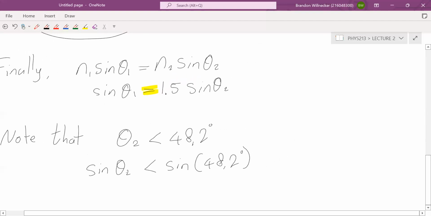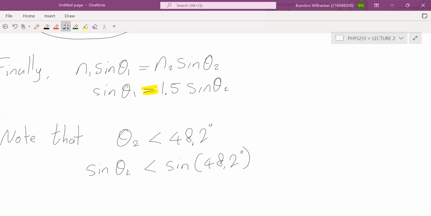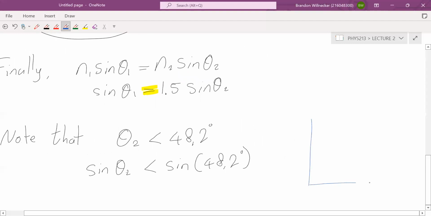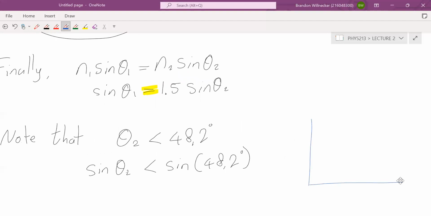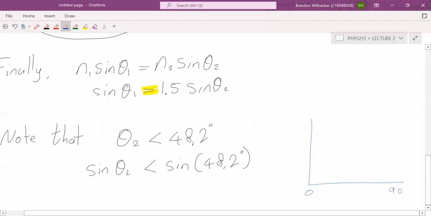Okay, so let's just draw a little picture just to explain that. So remember, these angles are going from 0 to 90. Can't go more than 90 because we're measuring from the normal. So if this is 0 and this is 90, sine looks something like that, up to a maximum of 1.